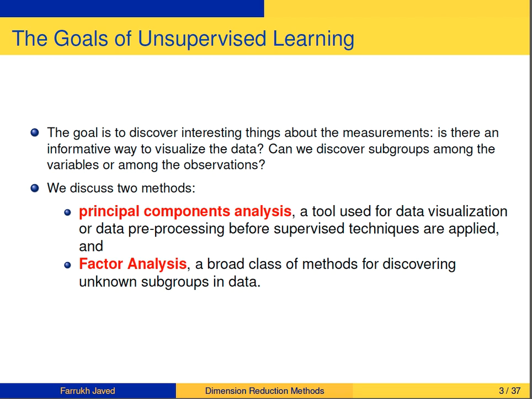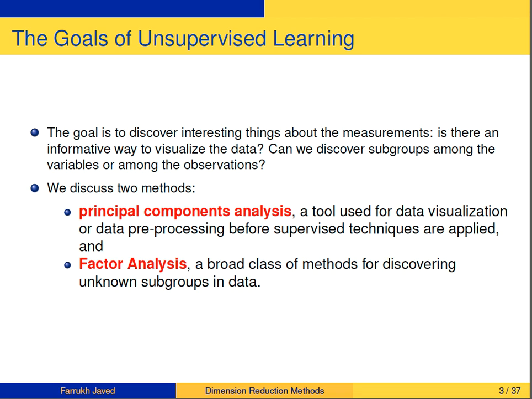Principal component analysis is a tool used for data visualization or data pre-processing before supervised techniques are applied. Now read this sentence very carefully: before going to supervised techniques, we do data visualization through principal components, right? Suppose that you have multicollinearity in a data set, so your predictors are correlated with one another.